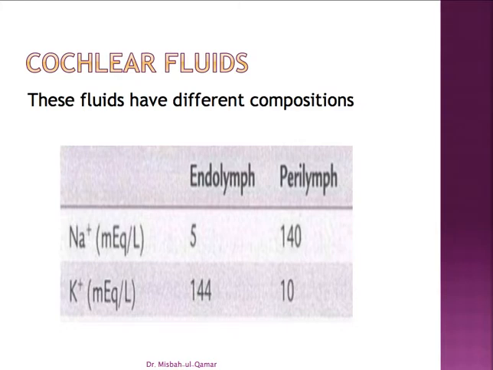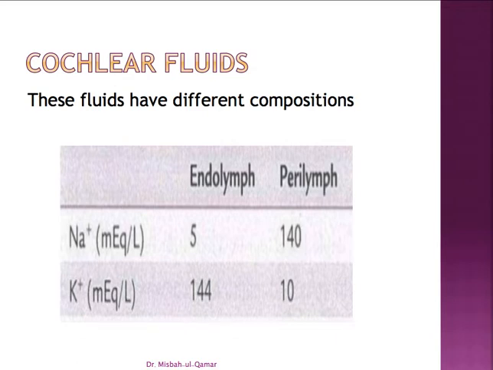So, again, you will have to draw columns of differences between the perilymph and the endolymph. You see that the perilymph resembles the extracellular fluid, while the endolymph resembles the intracellular fluid.